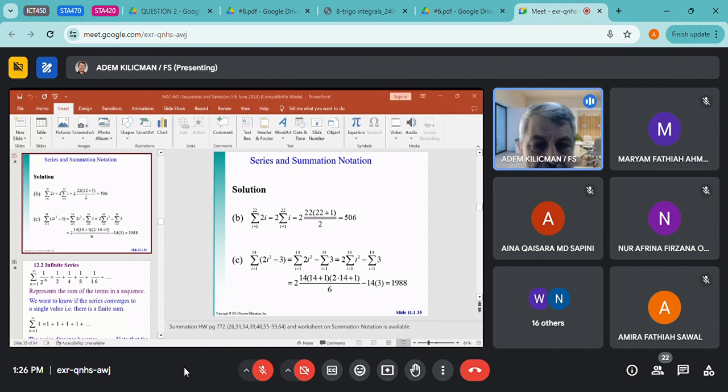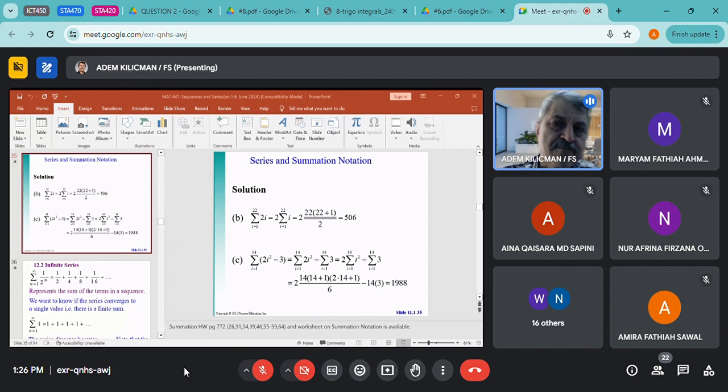Then we have this partial sum that we said: the first one is the first term of the sequence. The second partial sum is the summation of the first term and the second term of the sequence. These are the terms of the sequence, but added up.